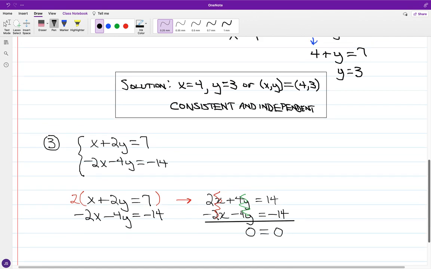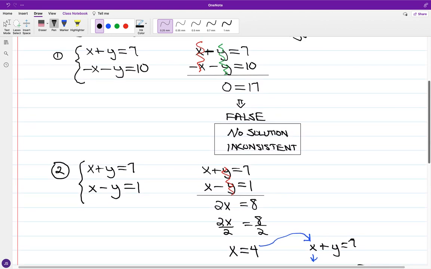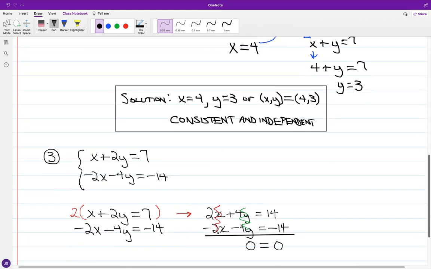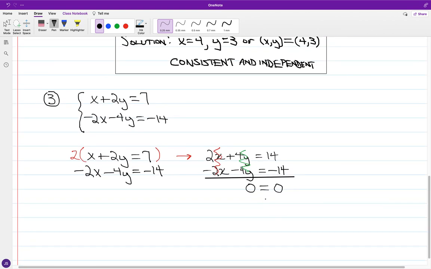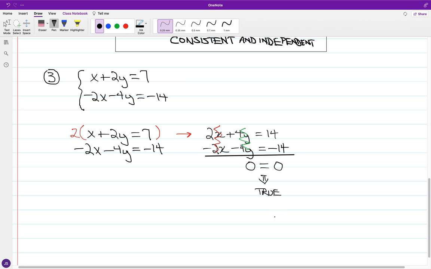Now before, we had that 0 is equal to 17, and so we wound up with an inconsistent system in the first case. But with 0 equal to 0, that's a true equality statement, and this is going to consist of an infinite number of solutions.